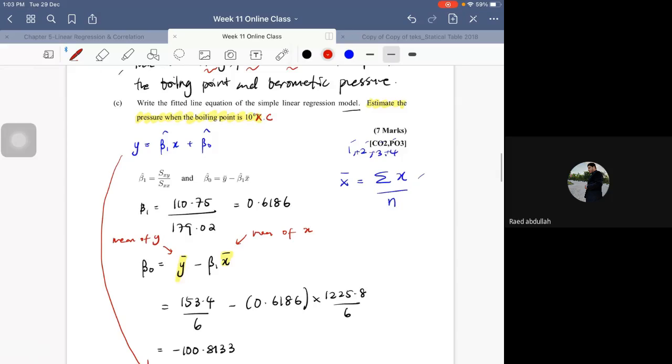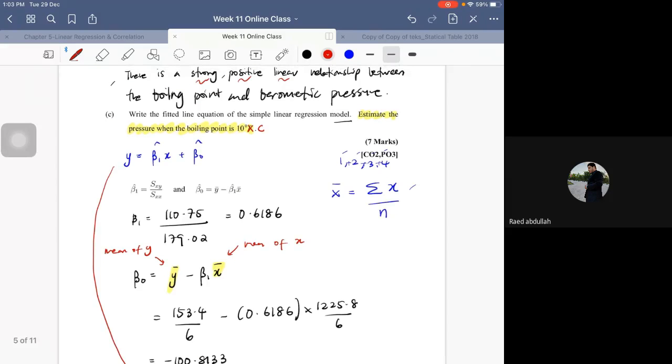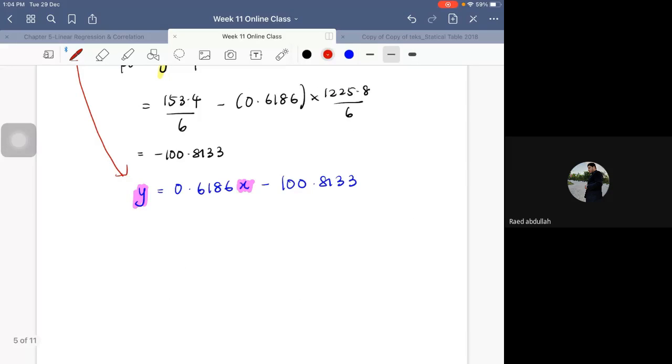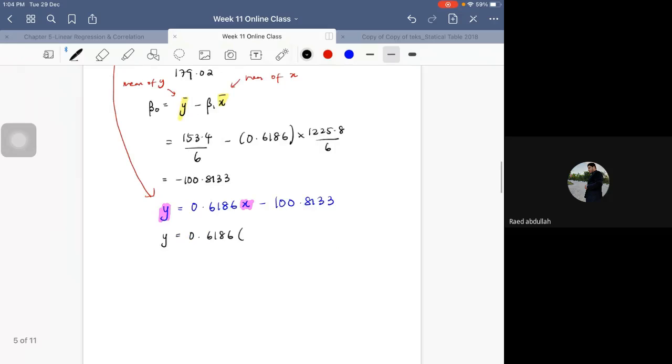Now what happened here is that we're going to estimate the pressure. Remember, the pressure is going to be y. So when the value of boiling point, which is x, is equal to 10 degrees Celsius, that is how we're going to use our equation. We're going to find y equals 0.6186, and when x is 10, I'm going to substitute 10 over here, minus 100.8133.